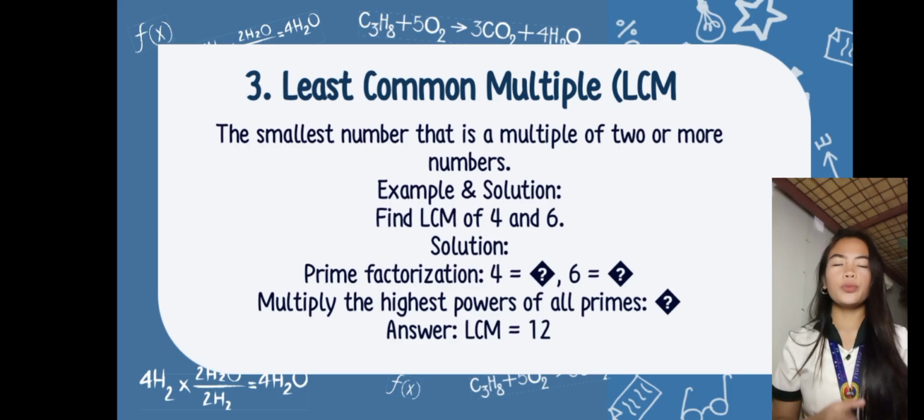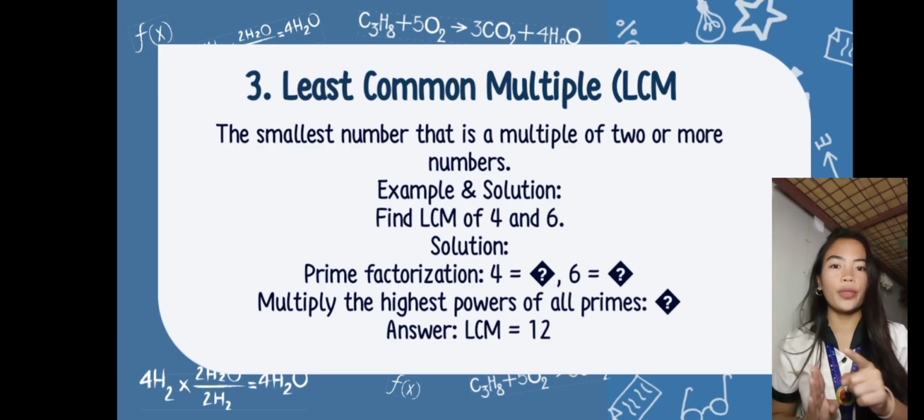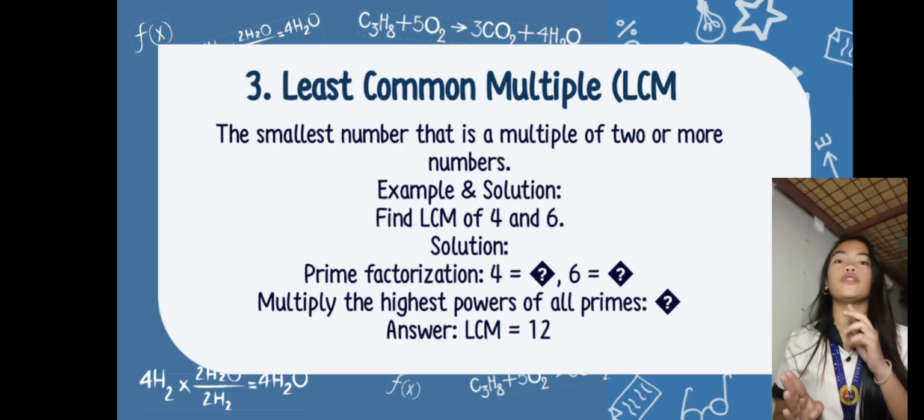Now, let us move on to the least common multiple or LCM. The LCM is the smallest number that is a multiple of 2 or more numbers.